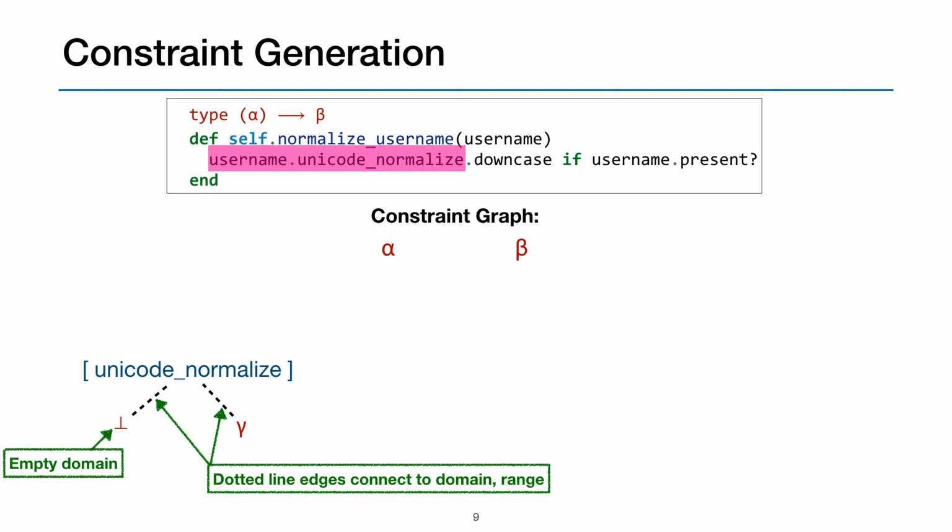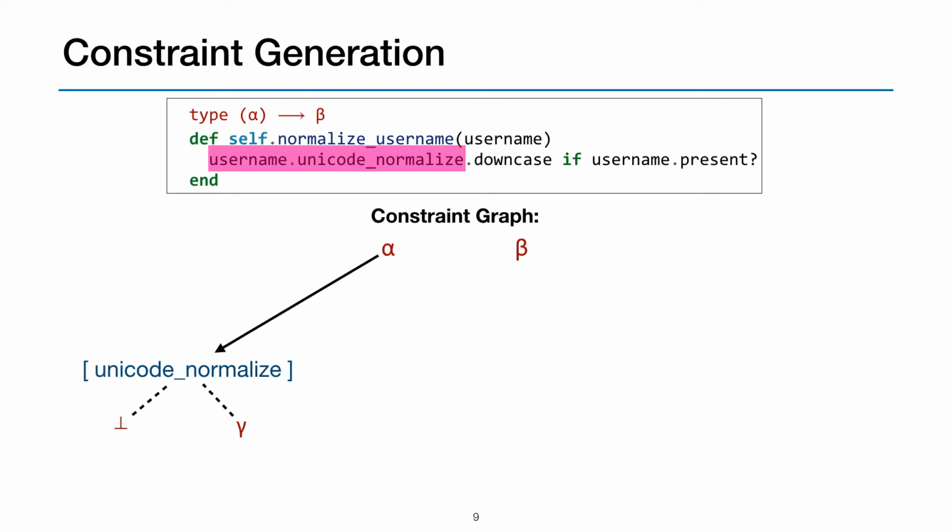In this case, we use the bottom symbol to indicate that the method takes no arguments, and we use gamma, a fresh type variable, to represent the return from the method. Finally, we draw an edge from alpha to the structural type to indicate that alpha is a subtype of the structural type.